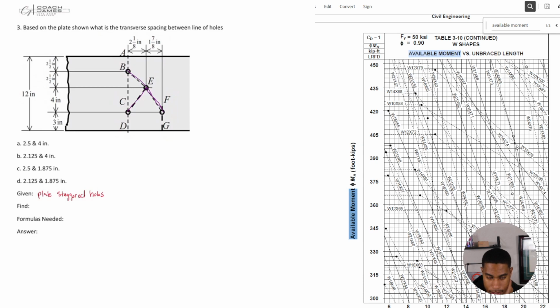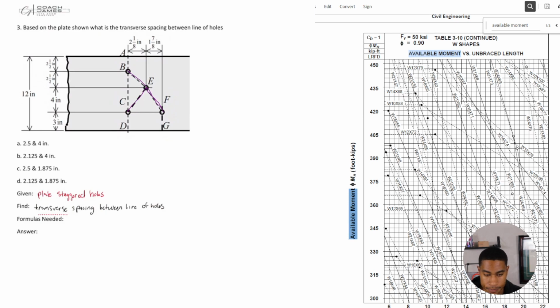What are we trying to find? We're trying to find the transverse spacing between the line of holes. So what are the formulas that we need?